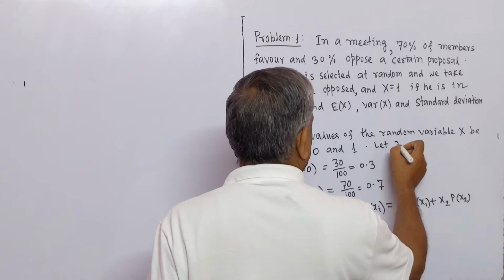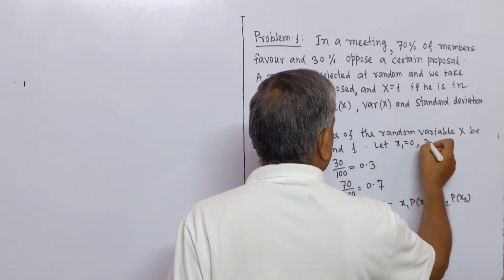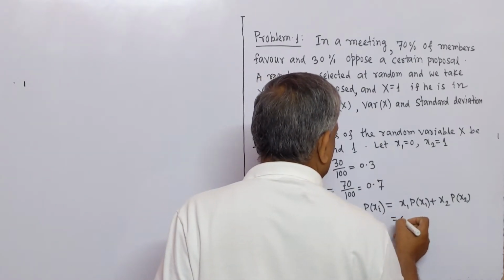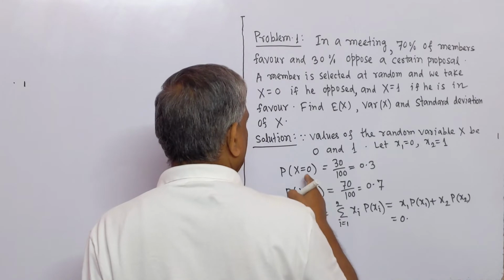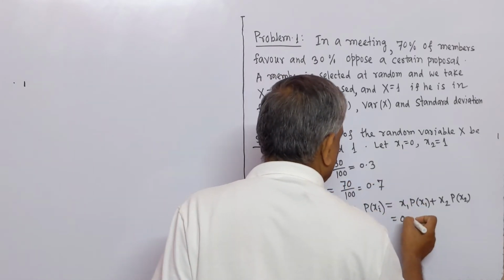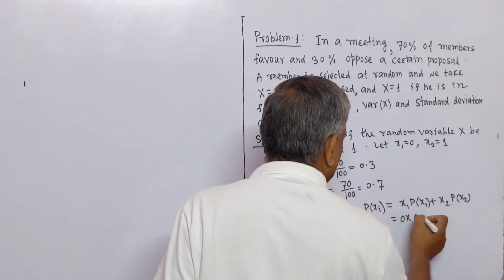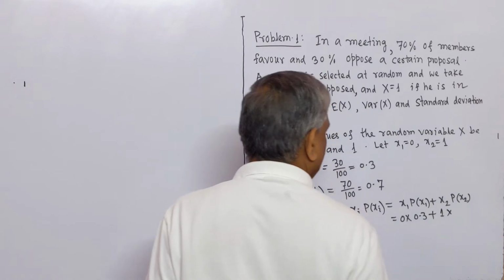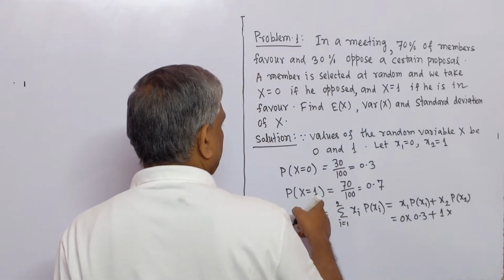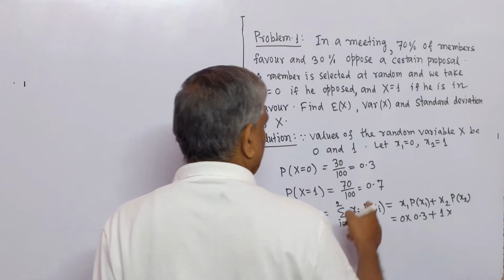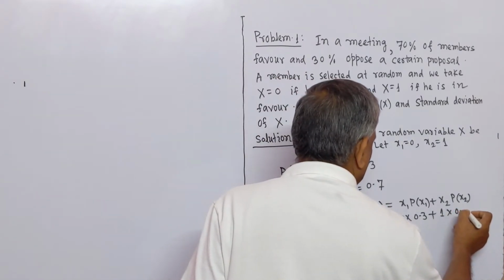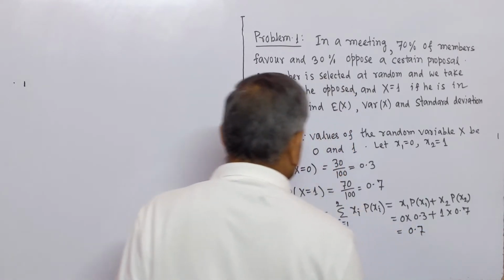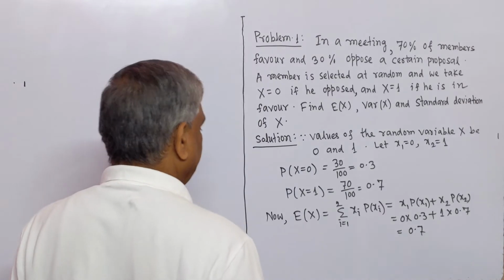Let x1 equal to 0, x2 equal to 1. Here x1 is 0, p(x1) means 0.3. 0 multiplied by 0.3 plus x2 is 1 multiplied by p(x2), means X equal to 1, 0.7, and this is equal to 0.7. So E[X] equals 0.7.